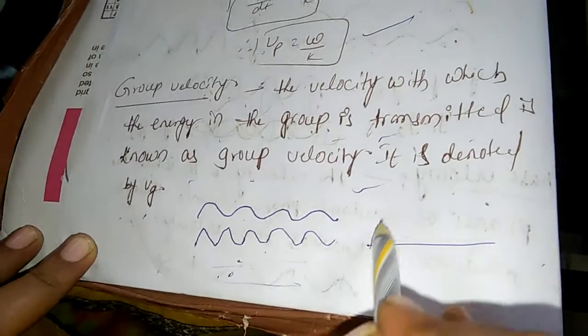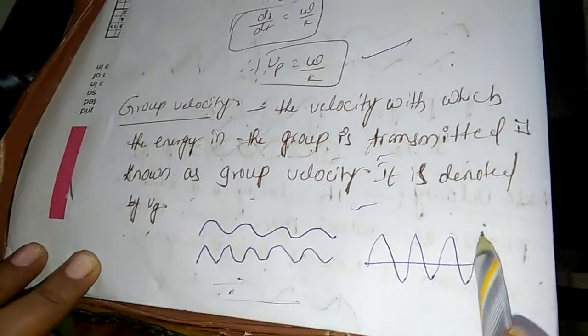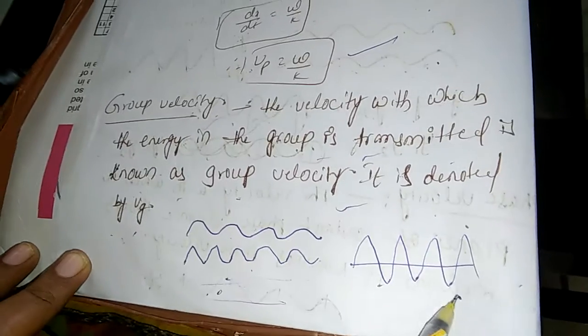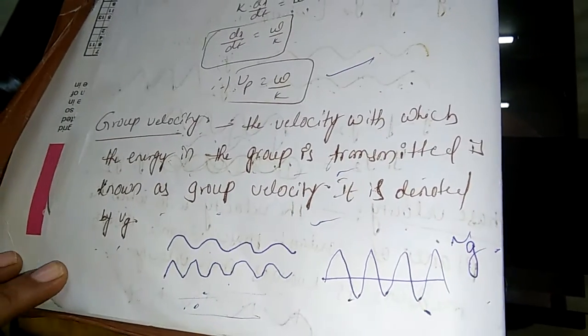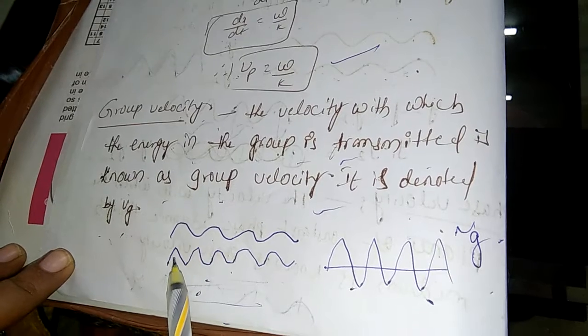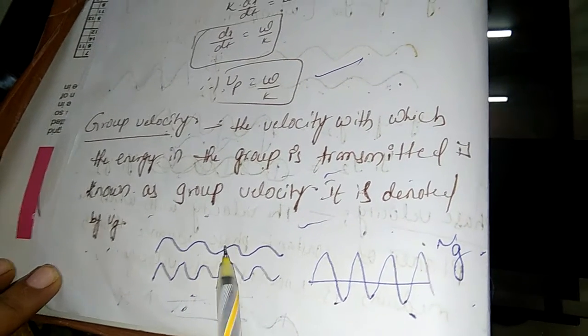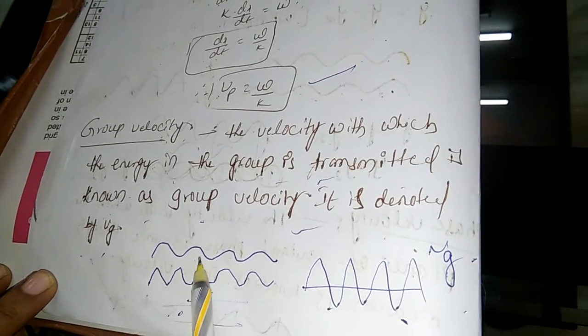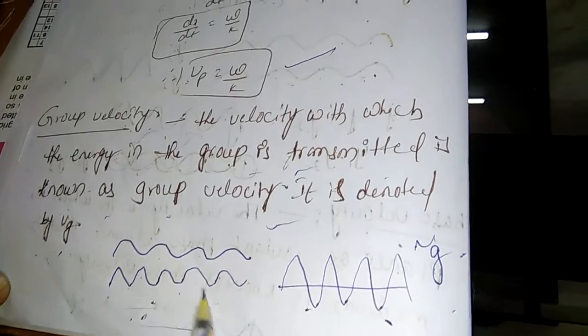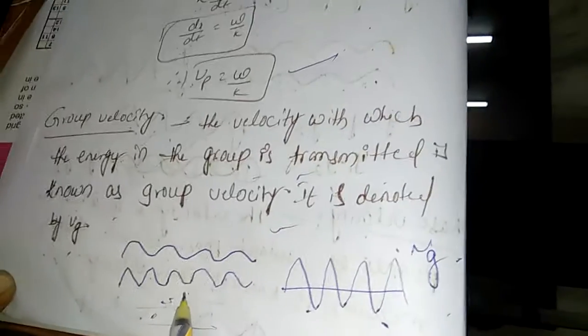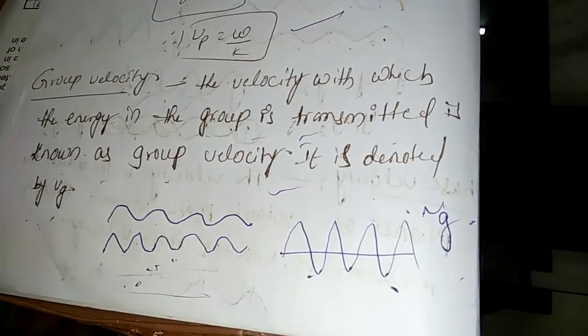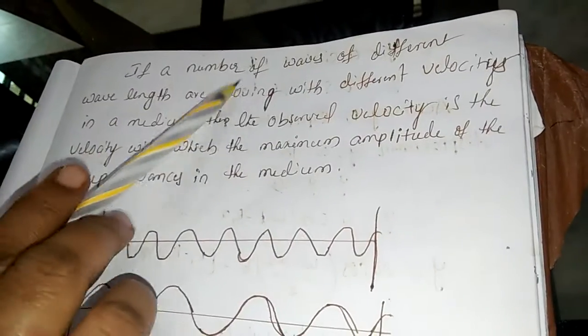Then the resultant wave moves with some velocity, that is called group velocity. Group velocity means the advancement of a group of waves with different phases, all traveling with some velocity.